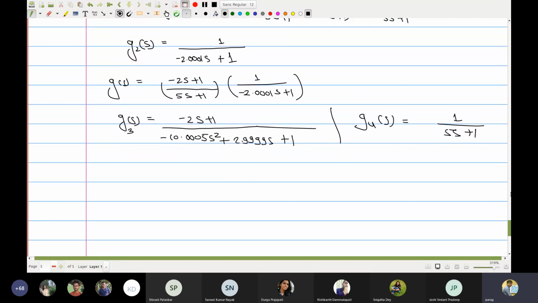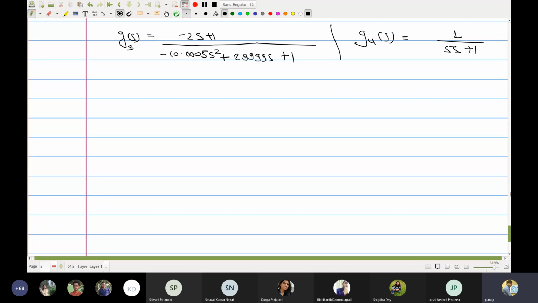What would be the response to a unit step function with unit gain? So I will write Y4 of s. I know this response is very simple, 1 minus e to the power minus t by 5. The third one will need partial fraction. I have already done that for you, and it looks something like this.